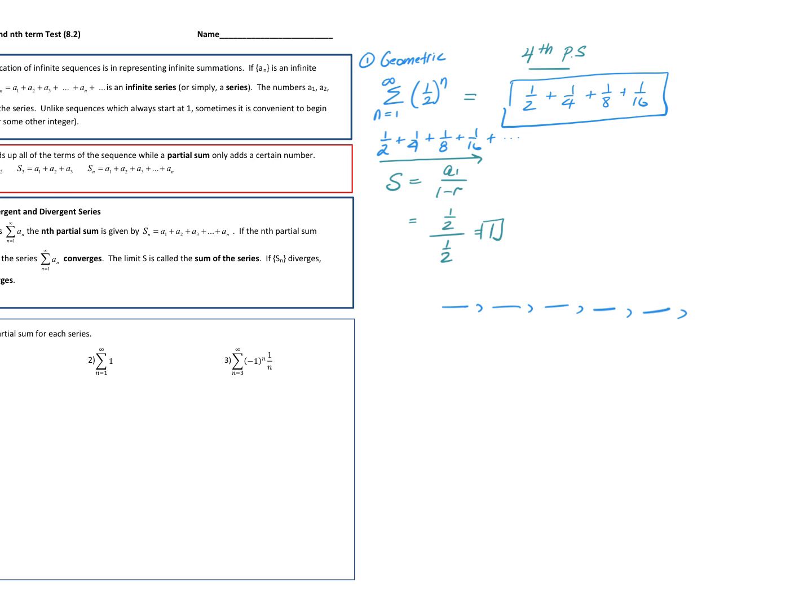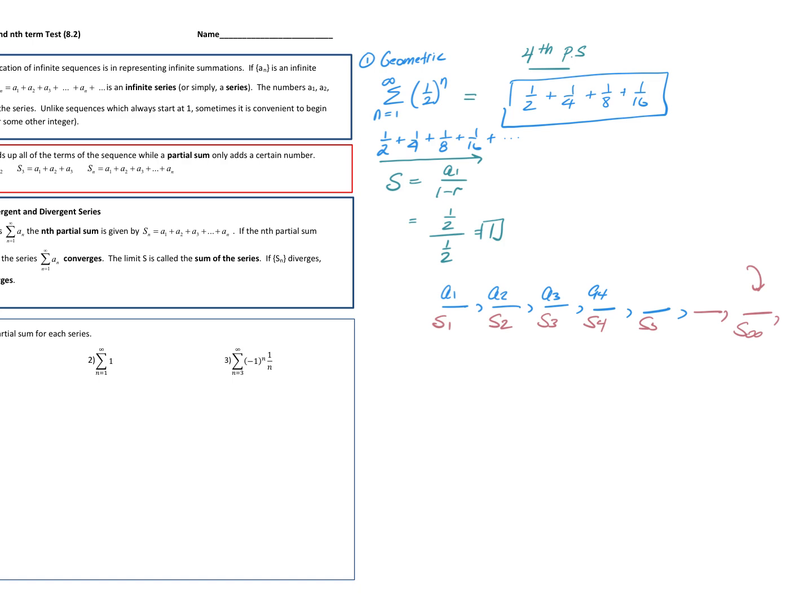So I want this to not be the terms of the sequence. I don't want this to be a sub 1, a sub 2, a sub 3, a sub 4. What I want this to be is the sum of the first term, the sum of the first 2 terms, the sum of the first 3, the sum of the first 4, the sum of the first 5, because if I can do that, maybe I can do the sum of the first infinite number of terms, which would tell me the sum of the series.